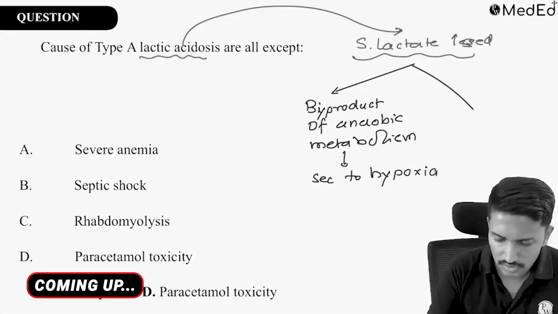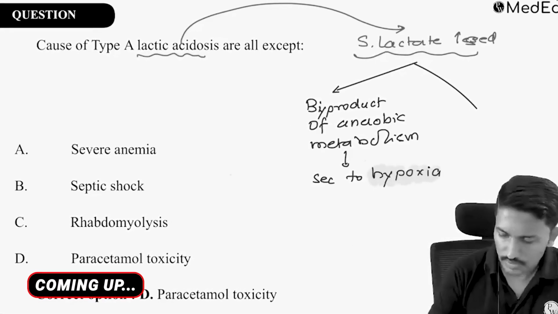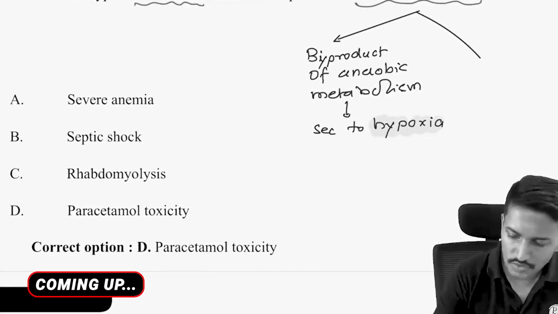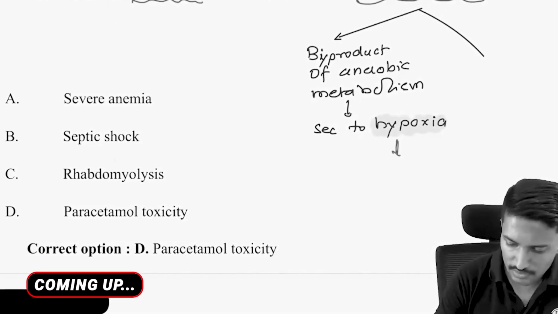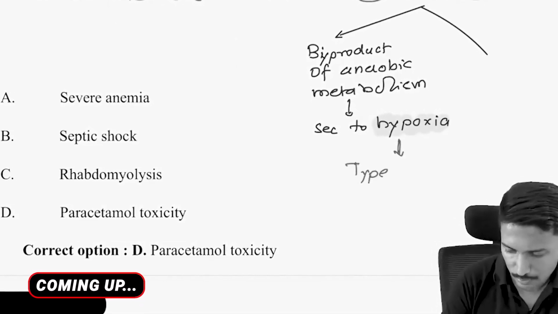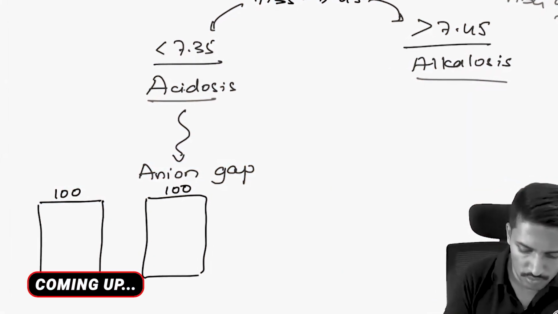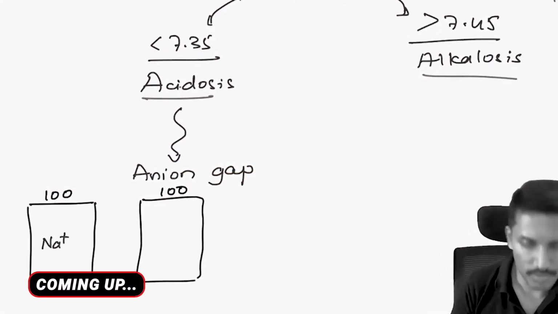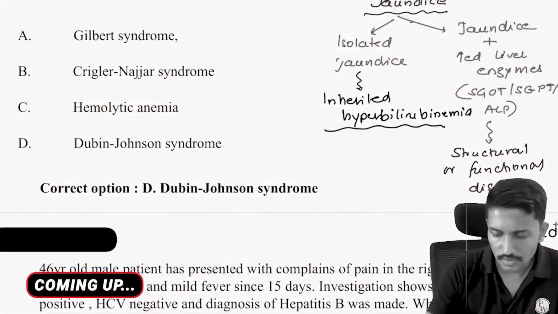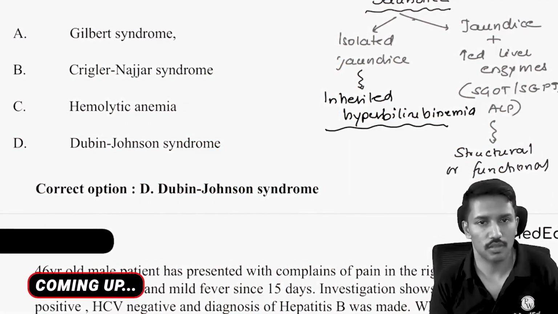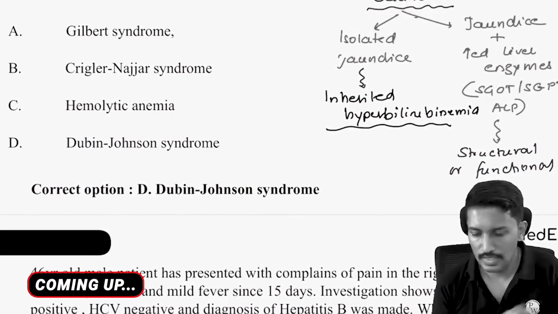So anything that causes hypoxia can cause lactic acidosis, and if hypoxia is responsible for lactic acidosis, we call it type A lactic acidosis. Now the major cation in the human body is going to be sodium. Now how do I differentiate whether it is Crigler-Najjar, Gilbert, or Dubin-Johnson? Simple.